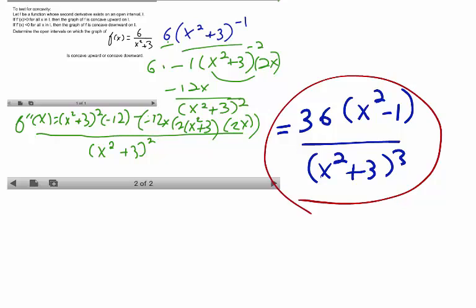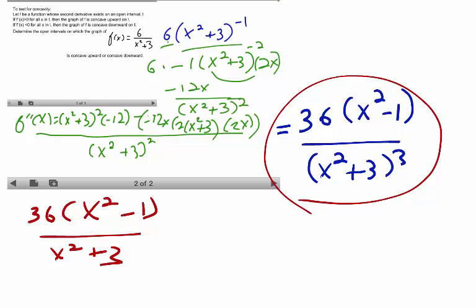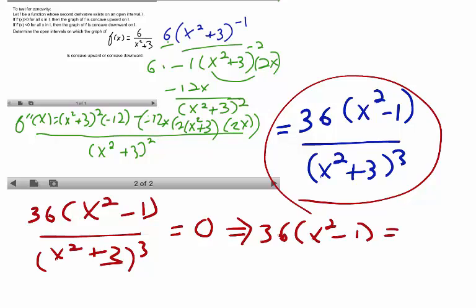Setting this statement equal to 0 and solving for x, multiplying x squared plus 3 cubed on both sides, this would cancel. And so we'd have 36 times x squared minus 1 equals 0.